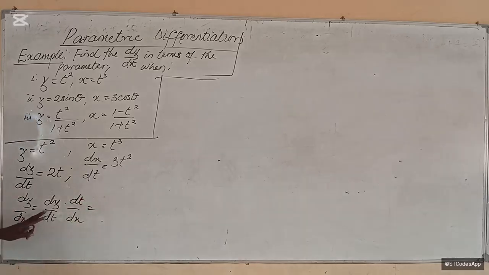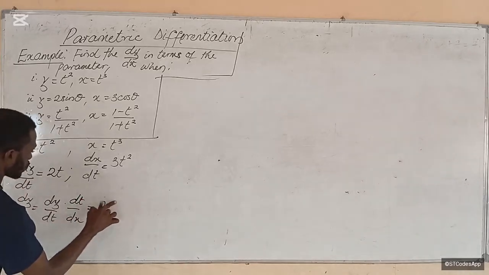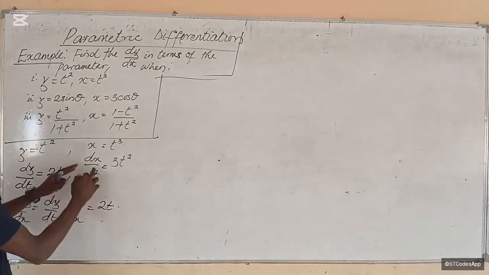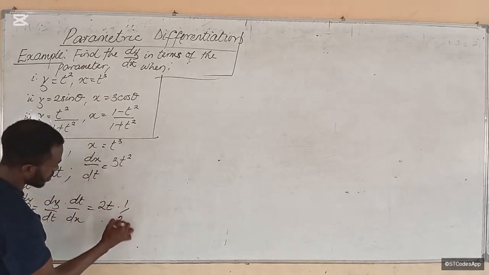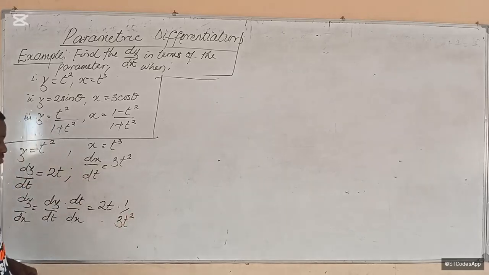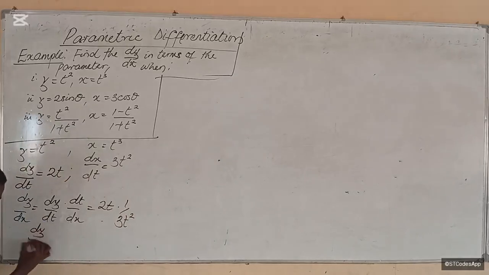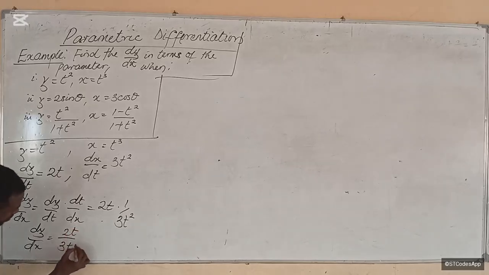Okay, so our dy/dt is 2t, multiplied by dt/dx. Now that will be the inverse of this. dt/dx is going to be 1 over this, if dx/dt is 3t squared. Hope that makes sense. So dy/dx therefore will be equal to 2t over 3t squared.